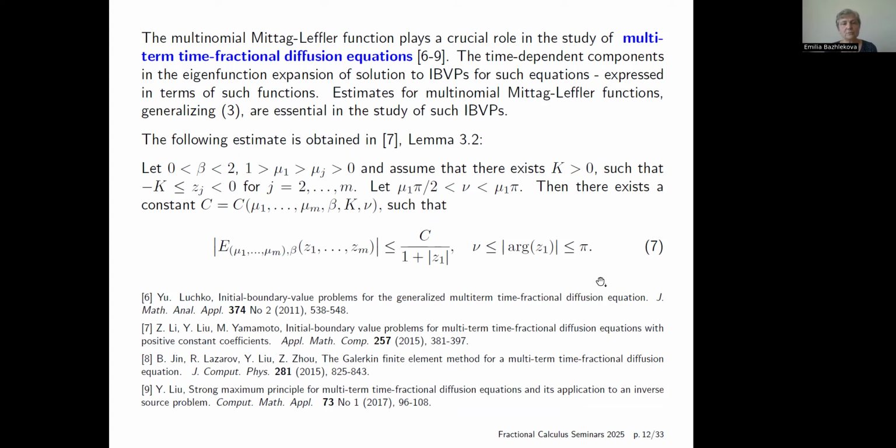The multinomial Mittag-Leffler function plays a crucial role in the study of multi-term time fractional diffusion equations also. Some papers that consider this type of equations are given here. The time-dependent components in the eigenfunction expansions of solutions to initial boundary value problems for such equations are expressed in terms of these functions.